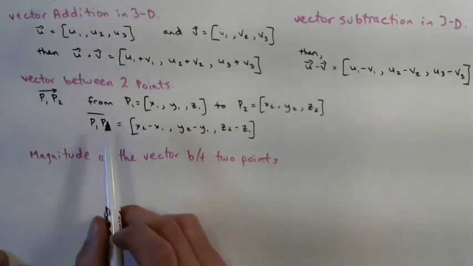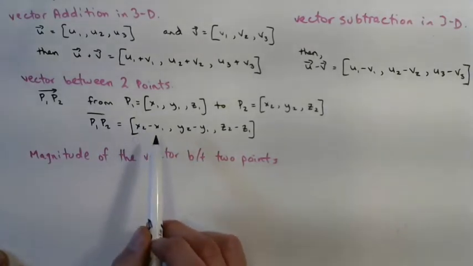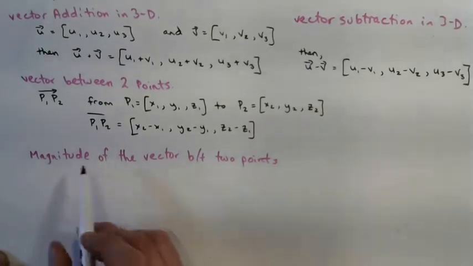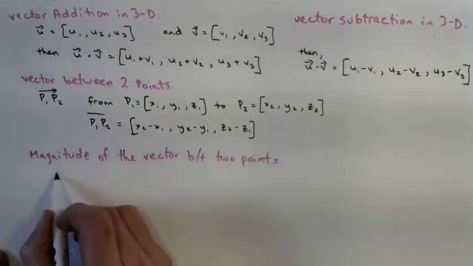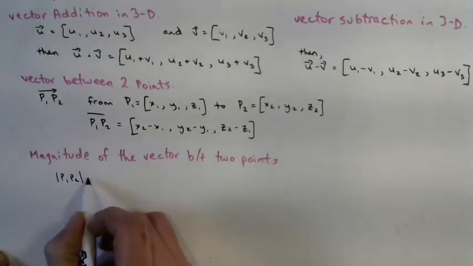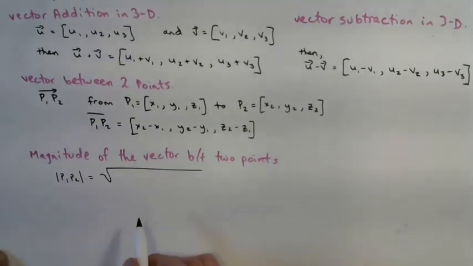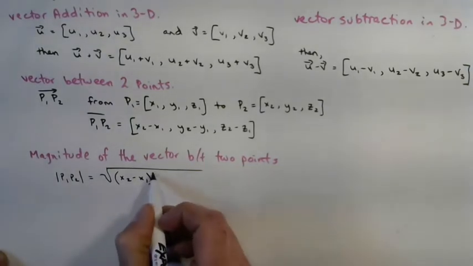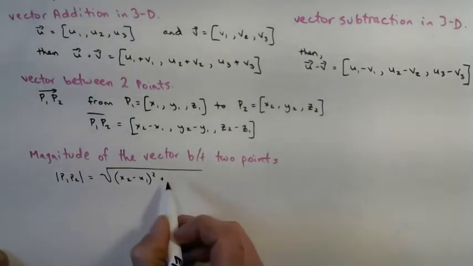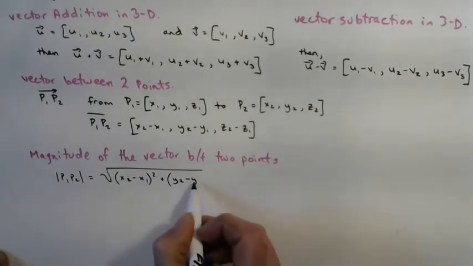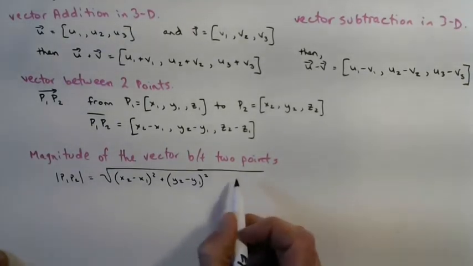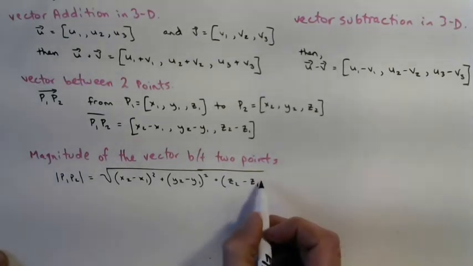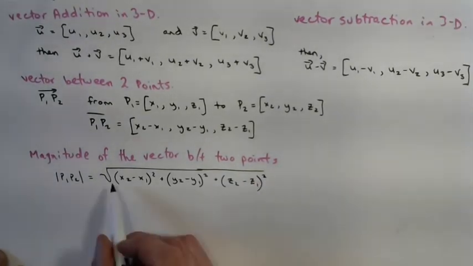Well, if we determined that it's represented by A, B, C, which is the difference in X, the difference in Y, the difference in Z, then the magnitude, pretty simple to understand based on what we've already done, is the difference in your x squared plus the difference along the y-axis squared plus the difference along the z-axis squared, and take the square root of that.